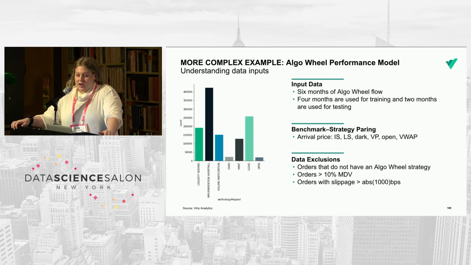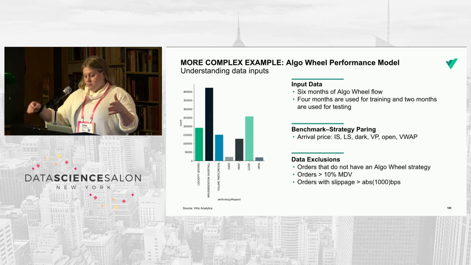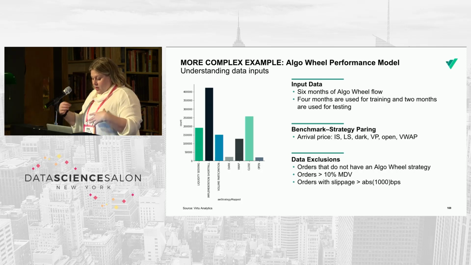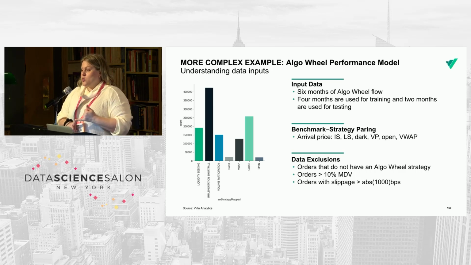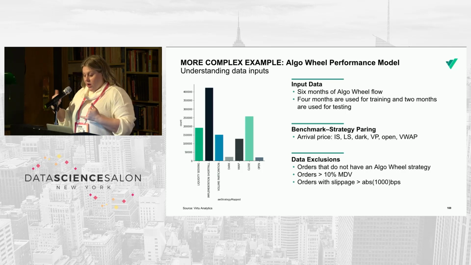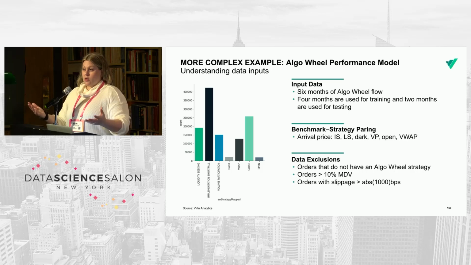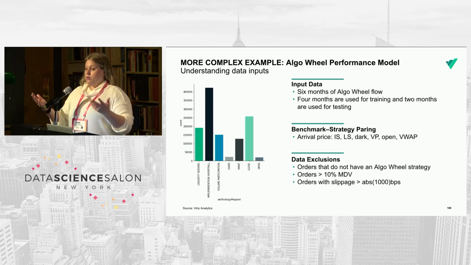So we started with our input data. We clearly say we have 6 months of algo wheel flow, 4 months we used for training, 2 months we used for testing. We did make very active data exclusions, so we had some tags missing for what the actual strategy of the trade was, and we felt that was important enough that we kicked those out. And then we just made 2 pure data quality calls, so orders that were really large.